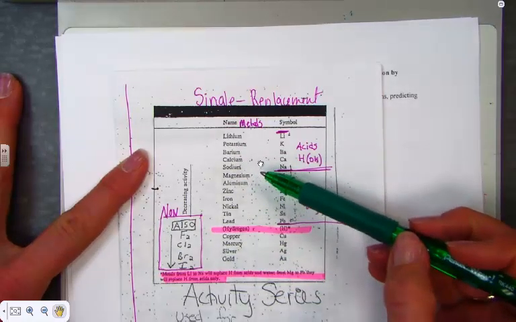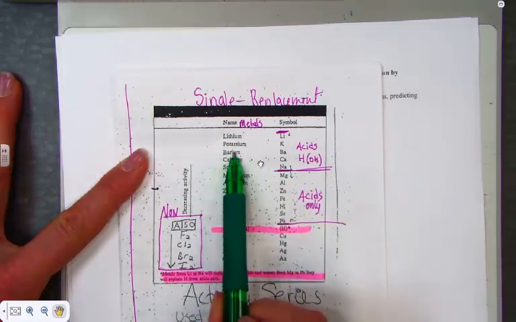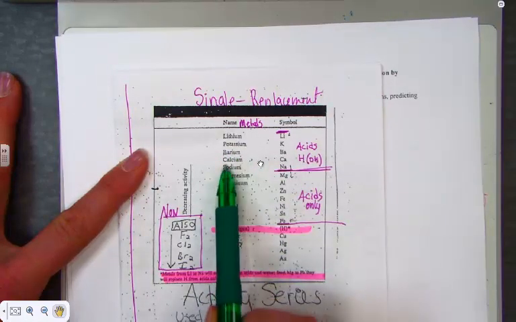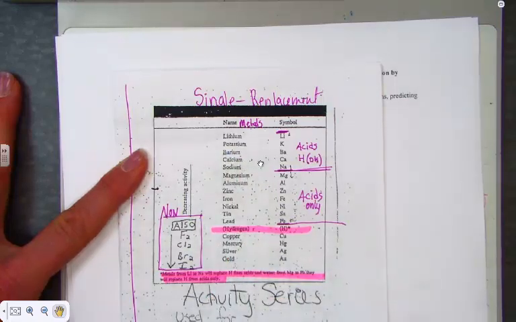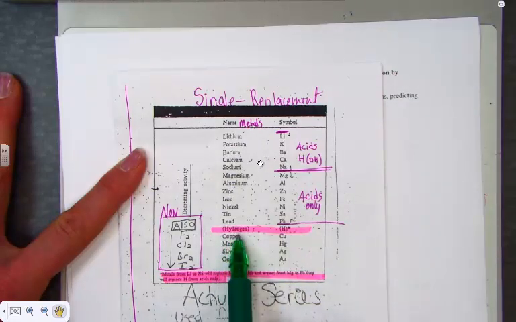In order for a single replacement reaction to occur, the element must be more active, higher than the element that's already involved in a compound. We talked about hydrogen. Even though hydrogen is a non-metal, it is indeed placed on the activity series of metals, always positioned first, carrying a positive charge.